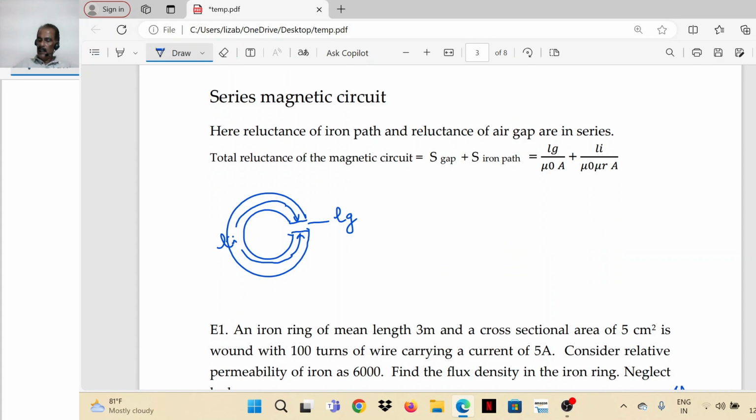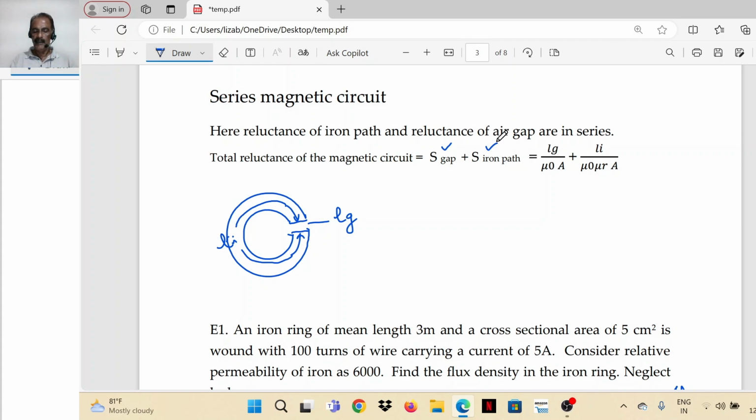Then, series magnetic circuit. Here, in addition to the iron path, there is an air gap in the magnetic circuit. In such a case, how can the total reluctance be found out? The total reluctance is the reluctance of the air gap plus the reluctance of the iron path.